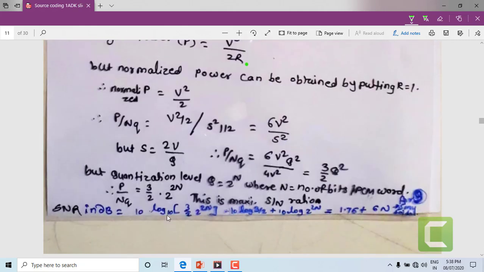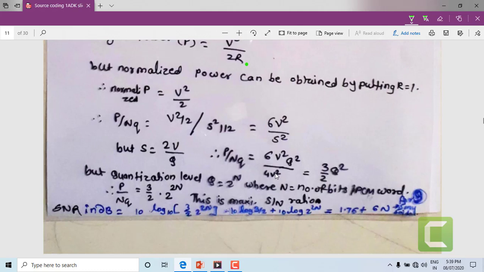But we know that S is equal to 2V divided by Q, where S is the step size, V is the maximum excursion for the signal, and Q is the number of quantization levels that we have predefined. So in this equation of SNR, we are going to substitute for step size.